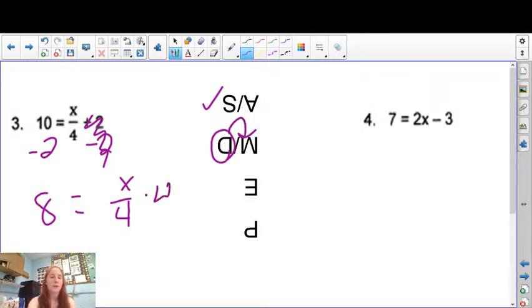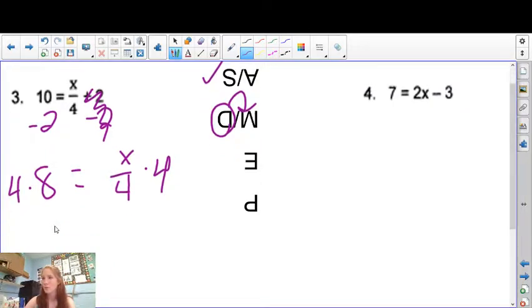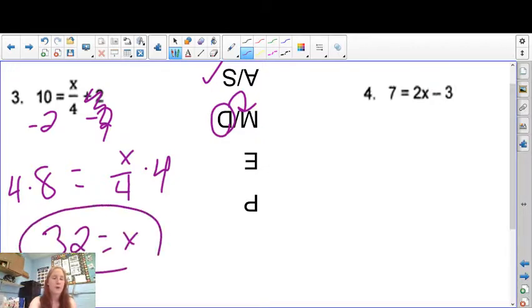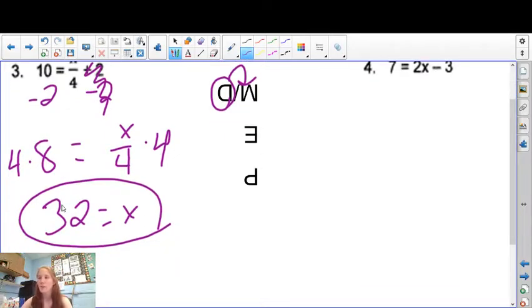So I undo my division of 4 by multiplying by 4. 8 times 4 is 32. And remember, 32 equals x or x equals 32 means exactly the same thing, just in a different order. And it's okay that we have things different as long as the answers are correct.